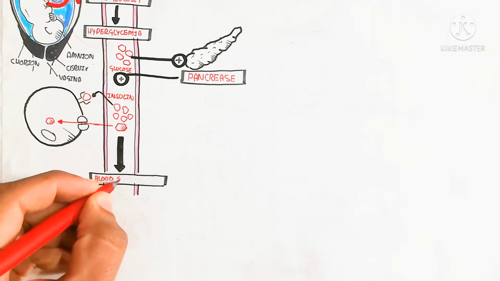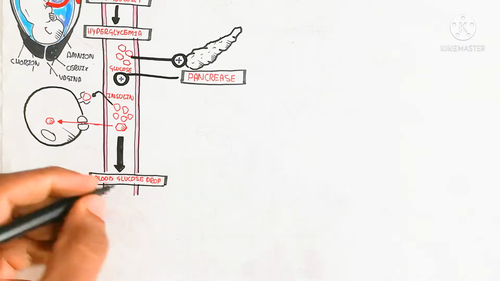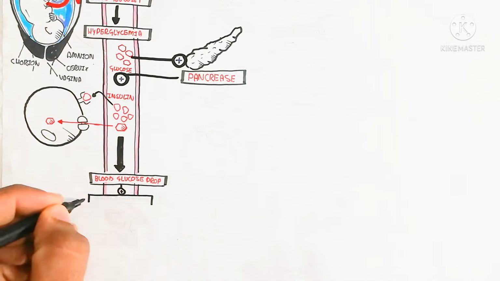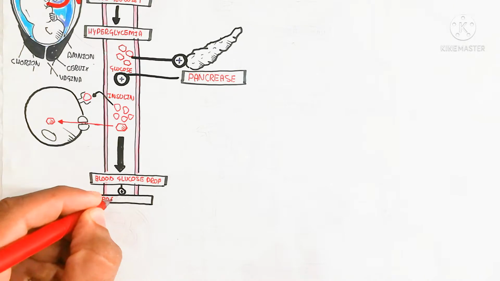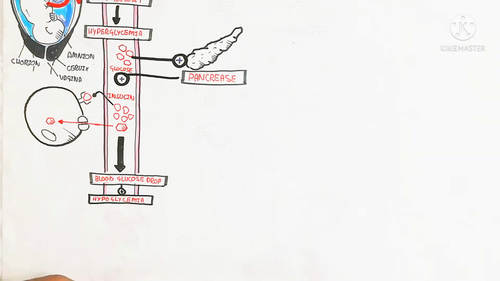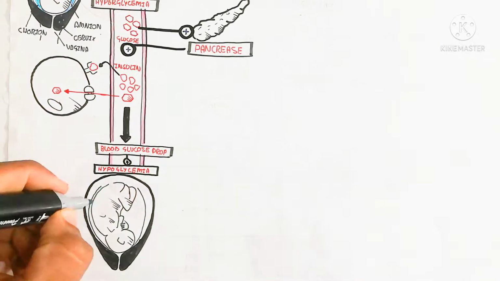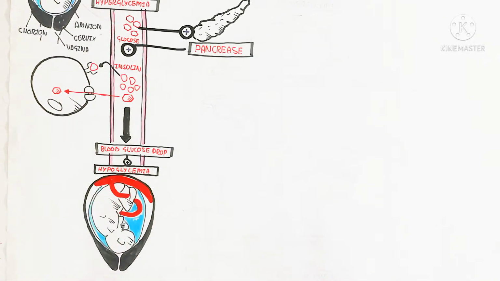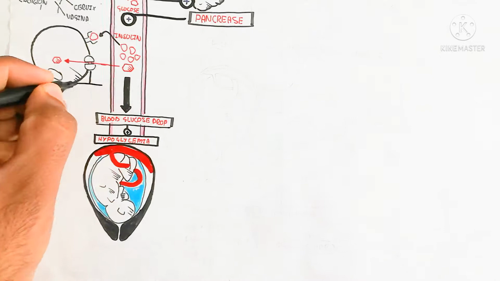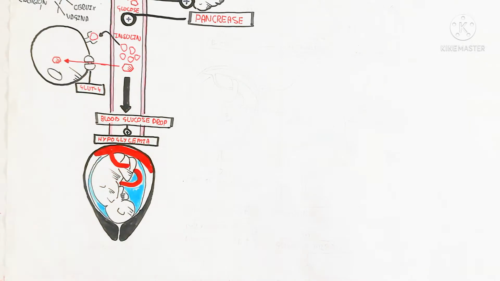This is the normal function, and as the blood glucose drops, hypoglycemia can occur. Basically fetal development is very important, as glucose is also given to the baby, so food intake will be increased.